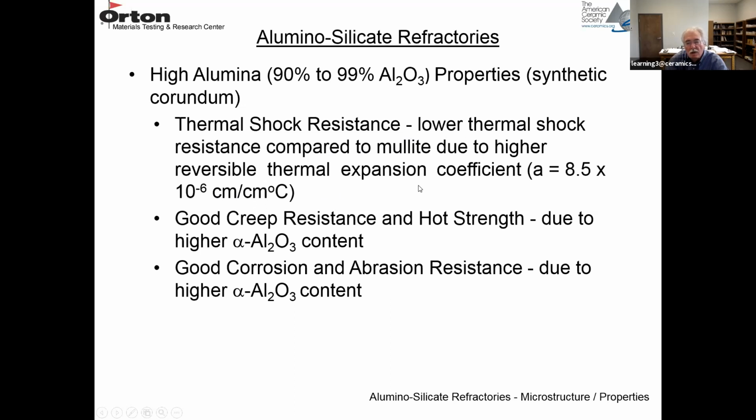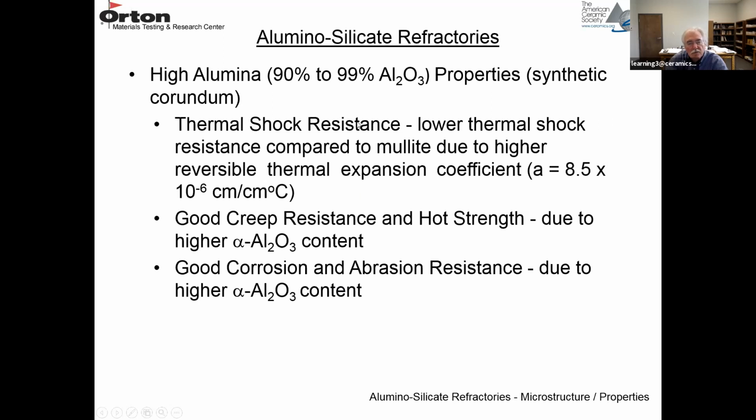So it's quite a bit larger than for mullite. However, a high purity alumina has good creep resistance and good hot strength because it has a high alumina content. And again, because it has a high alumina content, it has good corrosion resistance, and it's a very hard material, so it has good abrasion resistance.